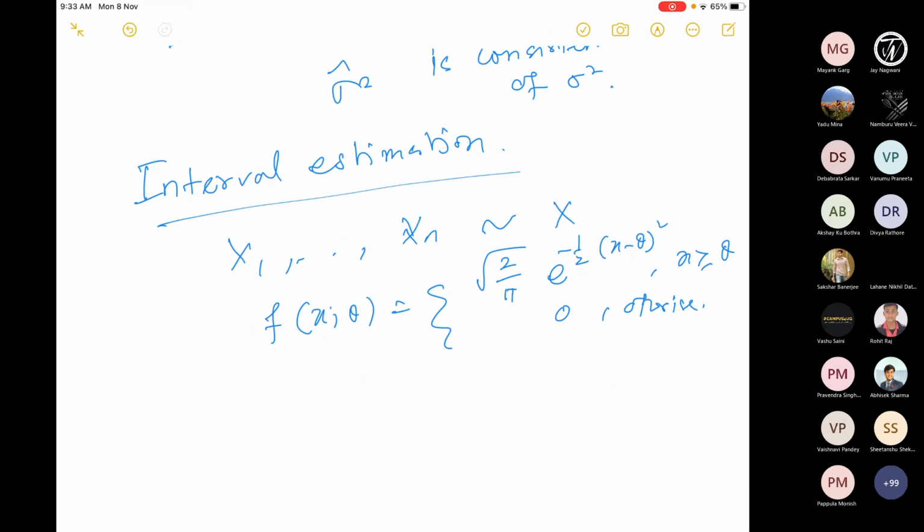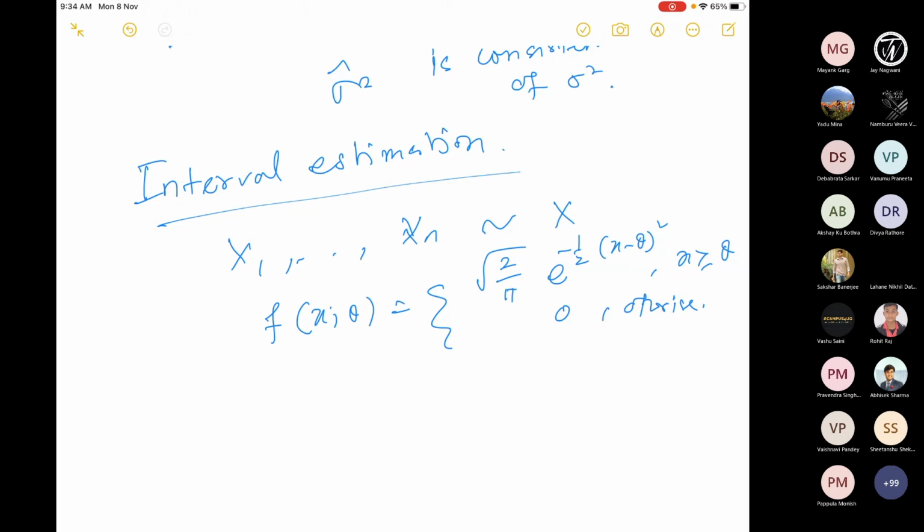If I want to find an estimator for theta, suppose I use the maximum likelihood estimator. You can find it out, and again this is homework.